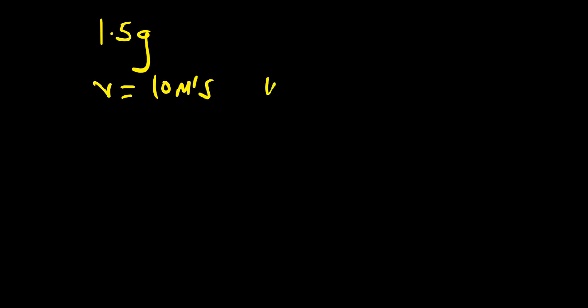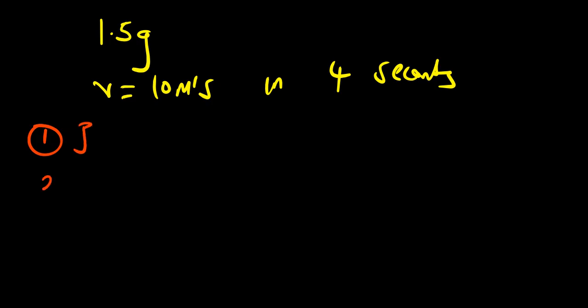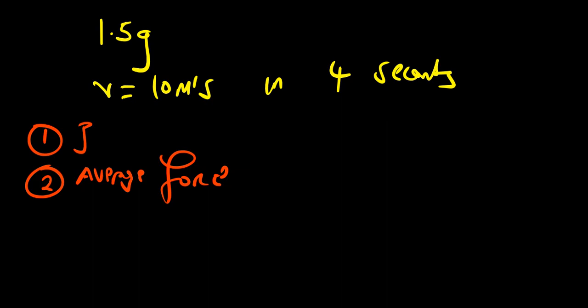Let's say it's shot in 4 seconds. So what would be our momentum? And two, what would be the average force? So to find the momentum, what are we going to do?